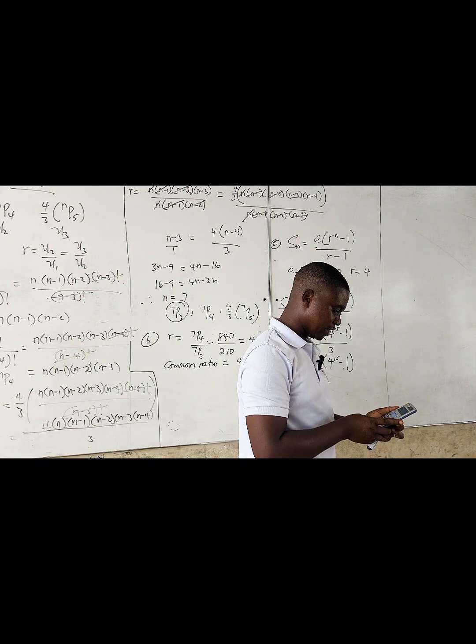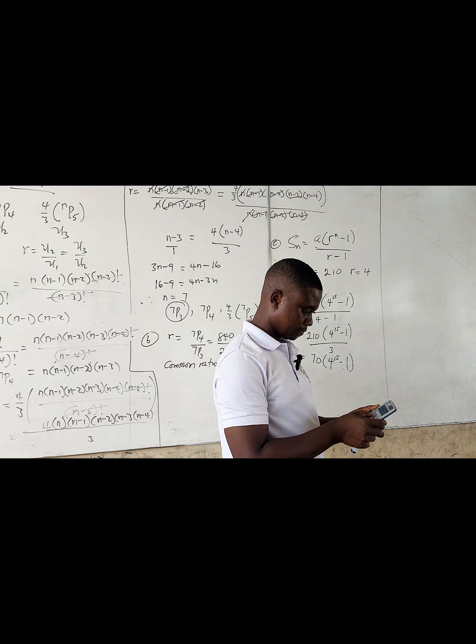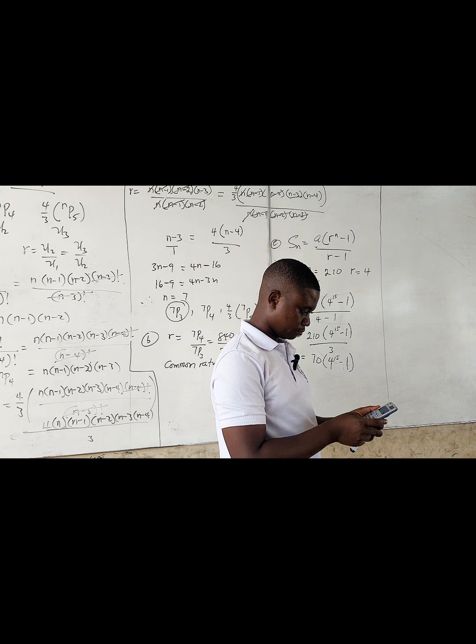So we have 70 into bracket 4 to the power 15 minus 1.